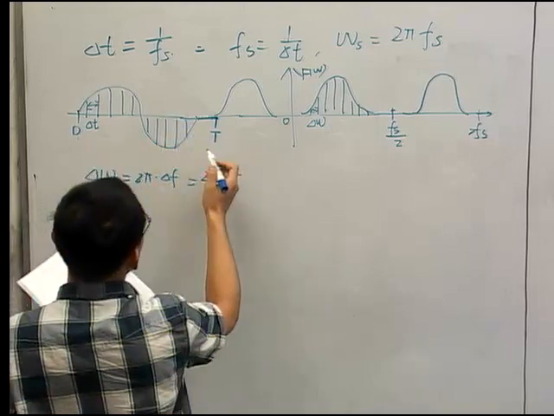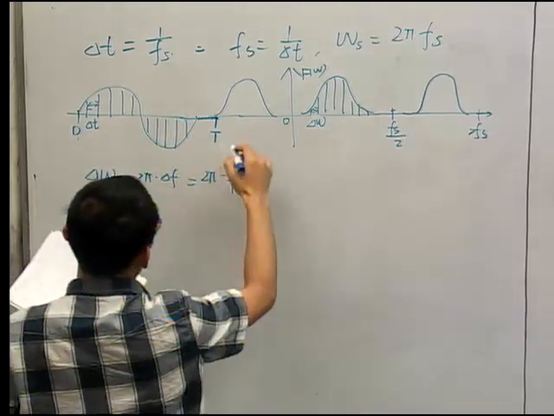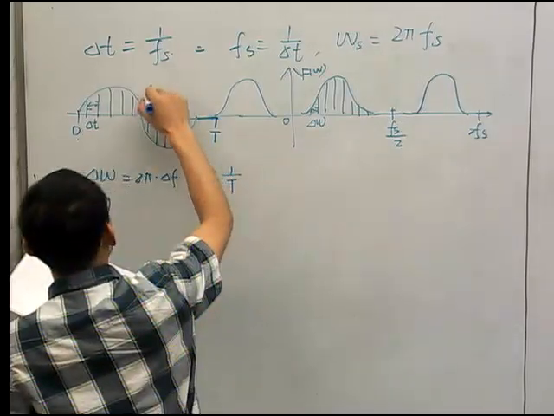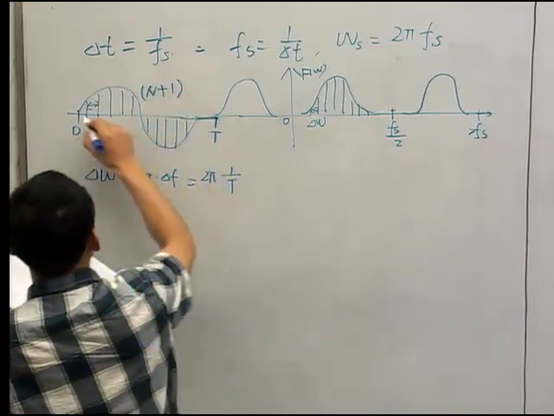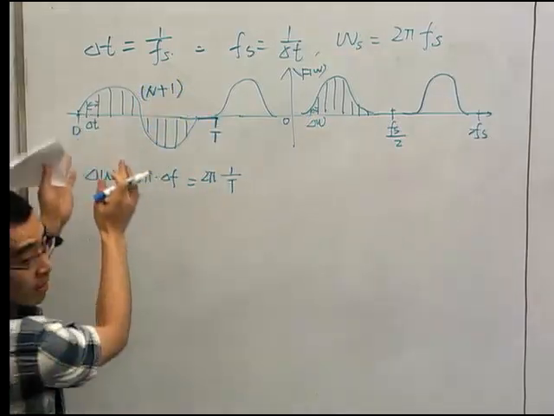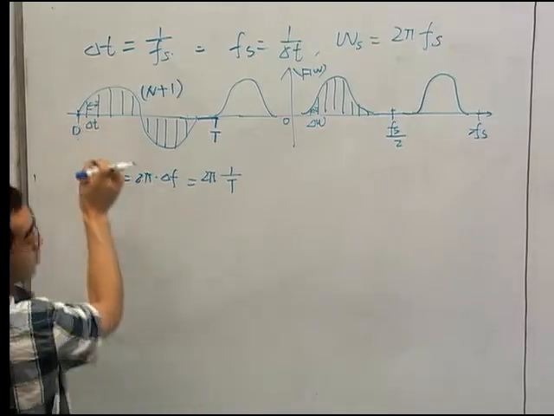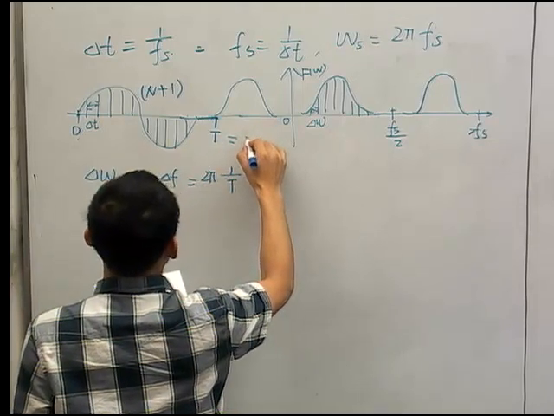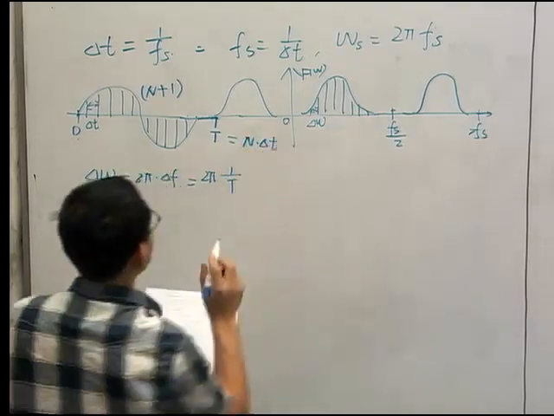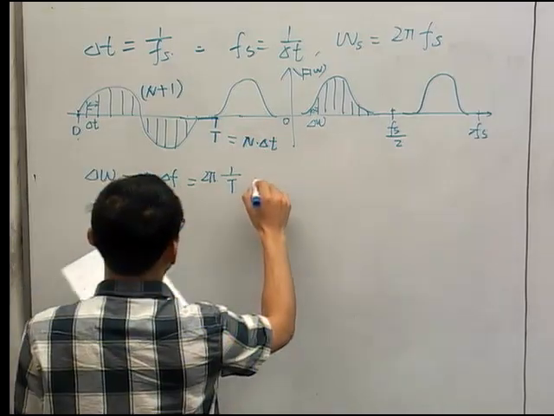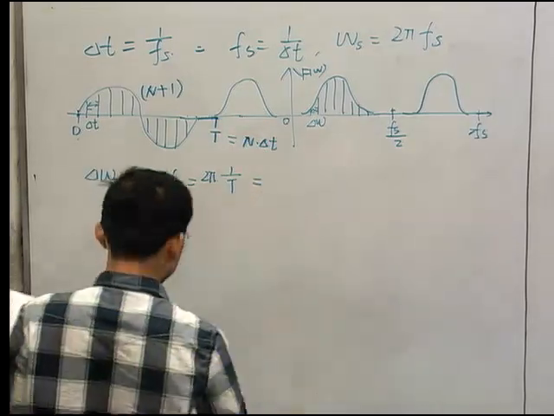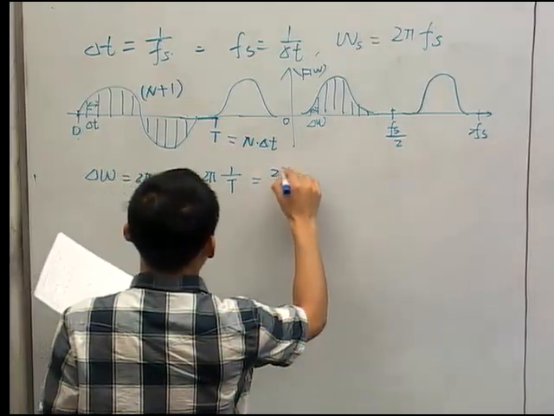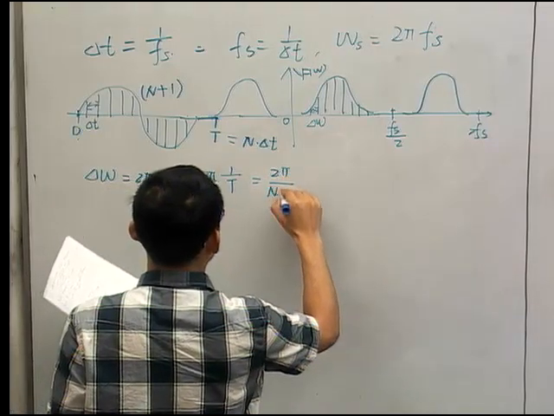Suppose from 0 to t you have n plus 1 points, because there's another one from here. You mean n intervals. Yeah, so that t should be equal to n times delta t, so this is 2 pi over n delta t.